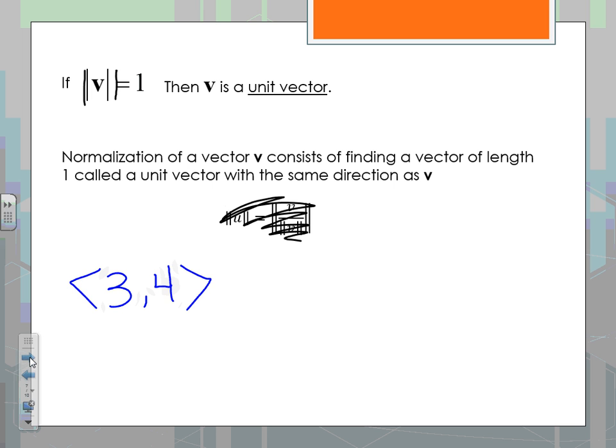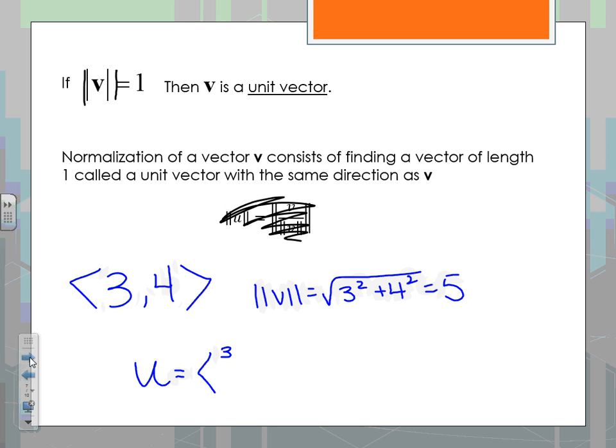I'm not that good at mental math, but I can see it. I understand it's a Pythagorean triple. I just always have to do this in my head. So our unit vector would be 3/5, 4/5.